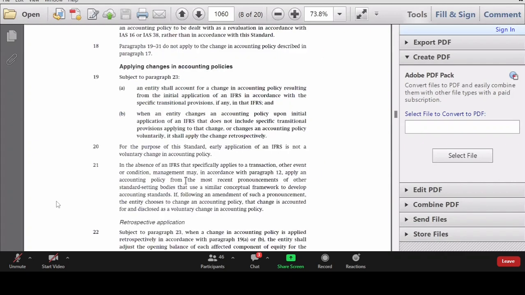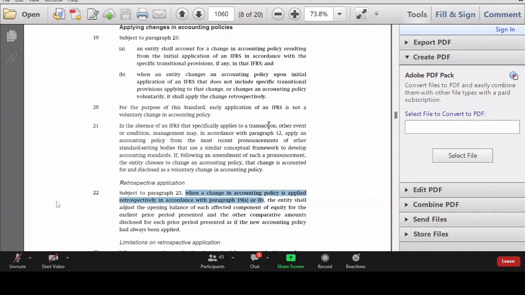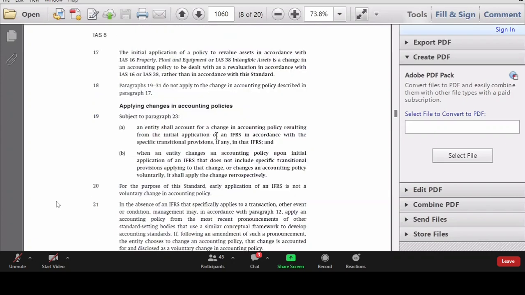So it is here what they have been telling you, in paragraph 22. When a change in accounting policy is applied retrospectively, in line with this one, an entity shall account for change in accounting policy resulting from an initial application of an IFRS in accordance with the specific transitional provisions.